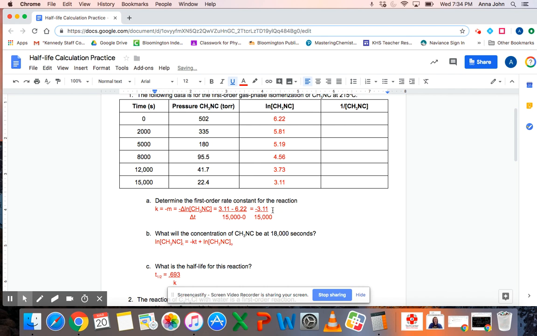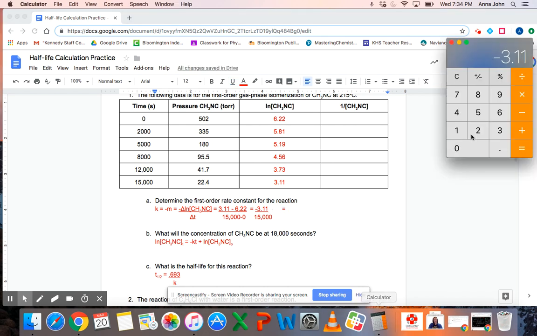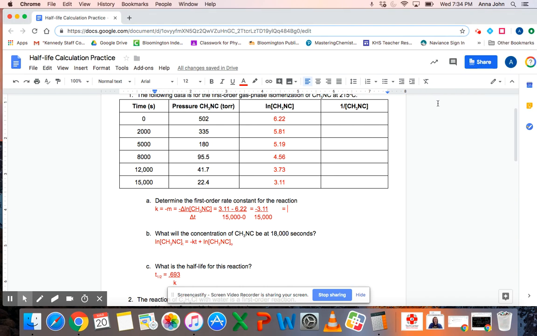So my answer is going to be negative 3.11, and we're going to take the negative slope, so at the end I'm just going to make this positive, divided by 15,000. That's a small number.